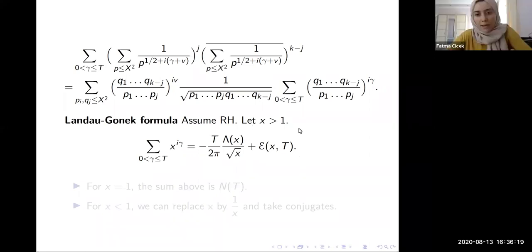So this is for x bigger than 1, and you have a nice error term that depends on x and t as well. And when x is 1, of course, you're just summing 1, so the sum is going to be N of t.